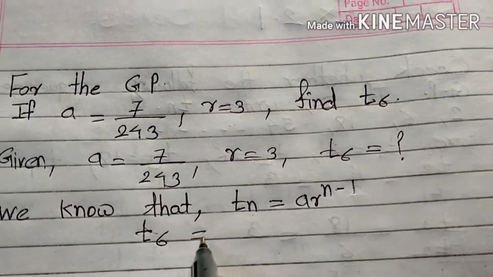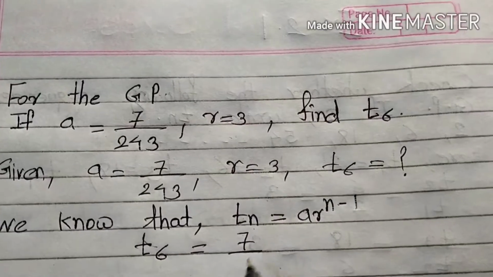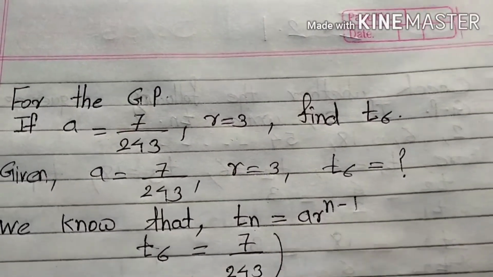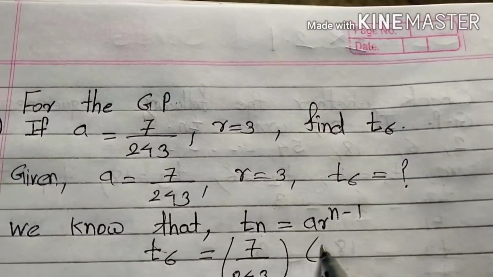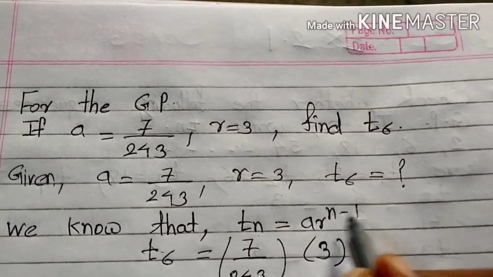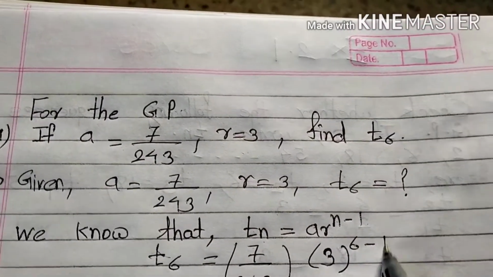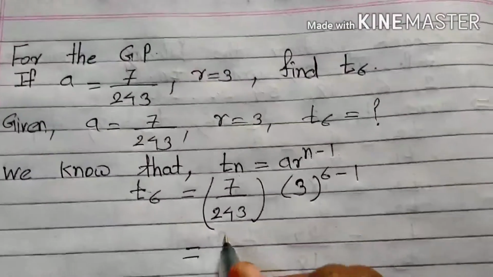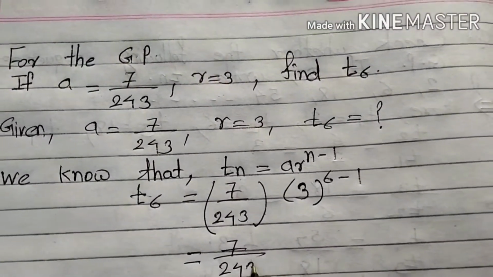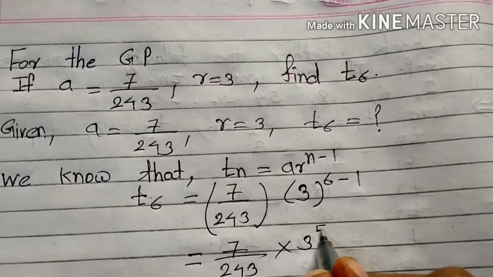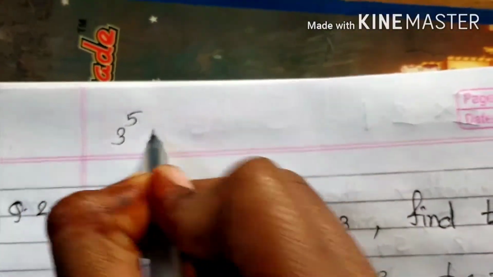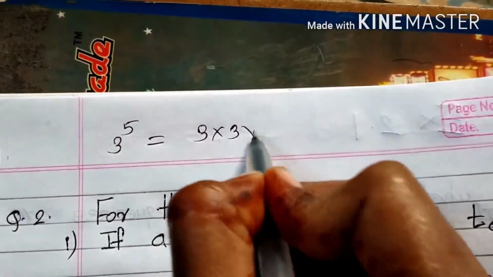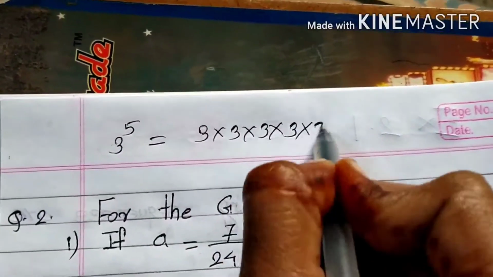So T6 is equal to, value of A is 7 upon 243, value of R is 3, and n minus 1 means 6 minus 1. So it is 7 upon 243 into 3 raised to 5. So how to find 3 raised to 5? We know that 3 raised to 5 is 3 into 3 into 3 into 3 into 3.